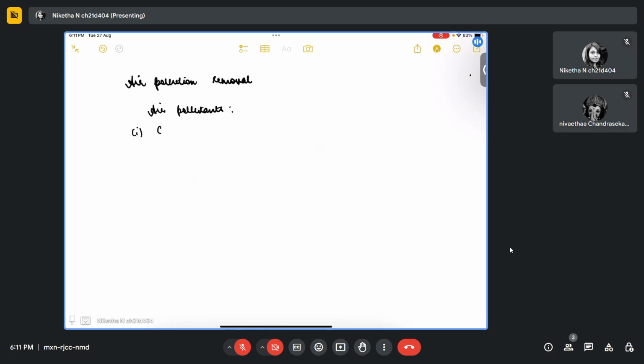So, this can be classified into gaseous, particulates, and a mixture of both gaseous and particulates.